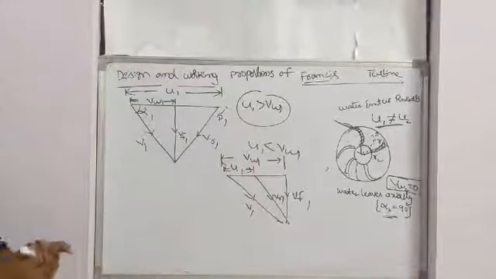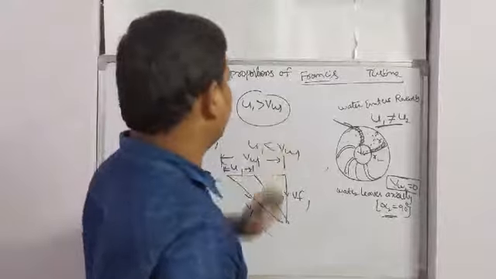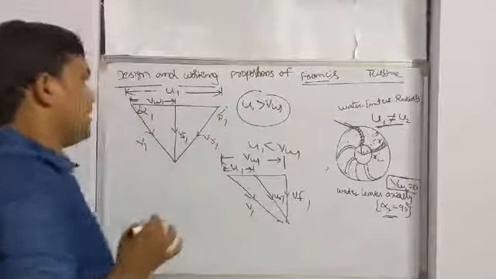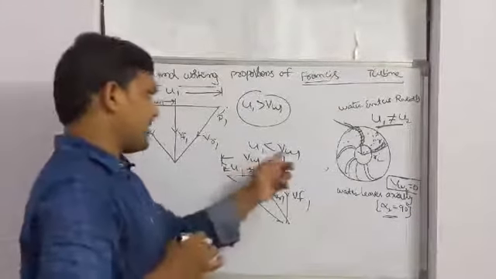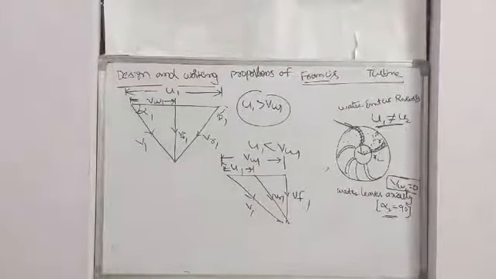Before solving the problem, first find out U1 and Vw1 and observe the relation. If U1 is greater than Vw1, use this inlet triangle. If U1 is less than Vw1, use this type of velocity triangle. Now we will solve some important conventional problems on the Francis turbine.